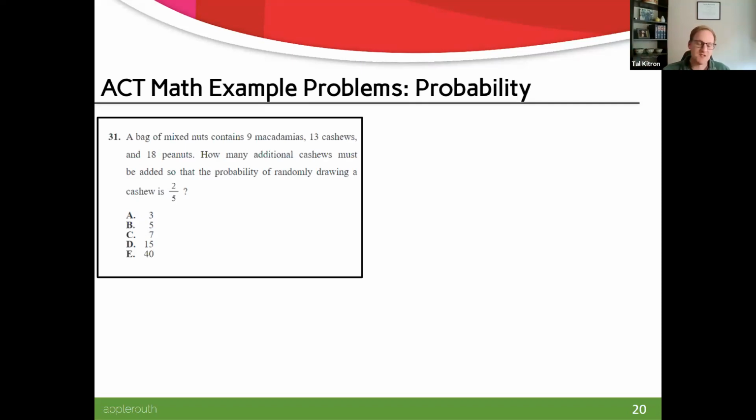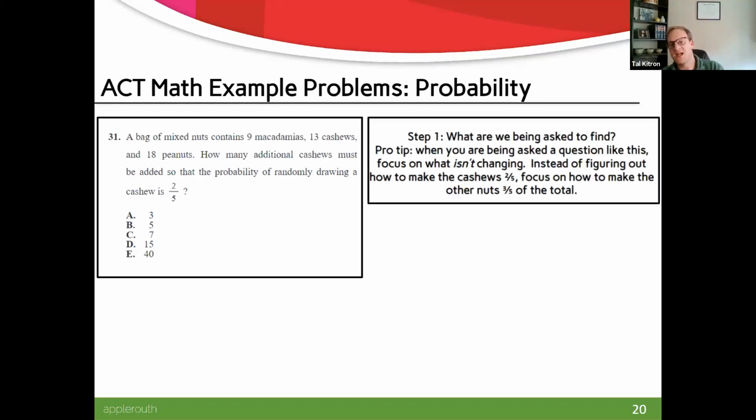And then finally, because this is changing probability, the mathy way to do it, which I wouldn't expect a lot of my students to know, is let's focus on what is not changing. So we've got delicious macadamias and cashews and peanuts, and all we're adding is cashews.